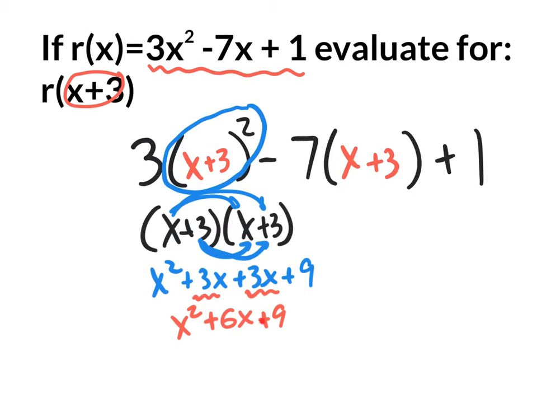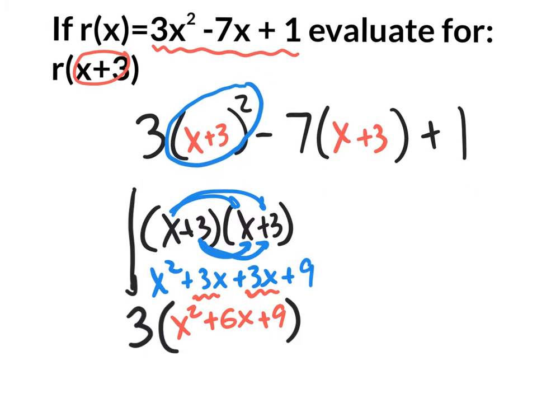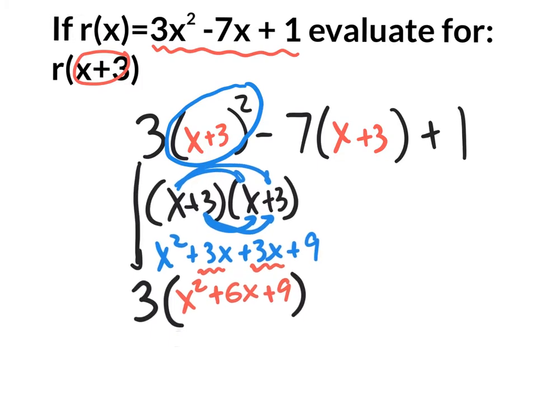I now have a quadratic trinomial. This original binomial squared became a quadratic trinomial. However, we have a 3 out in the front. So let's put parentheses around this quadratic trinomial and bring down that 3 out in the front. So you could rewrite it all if you wanted to show a lot of work. I'm just going to leave it like that for now.